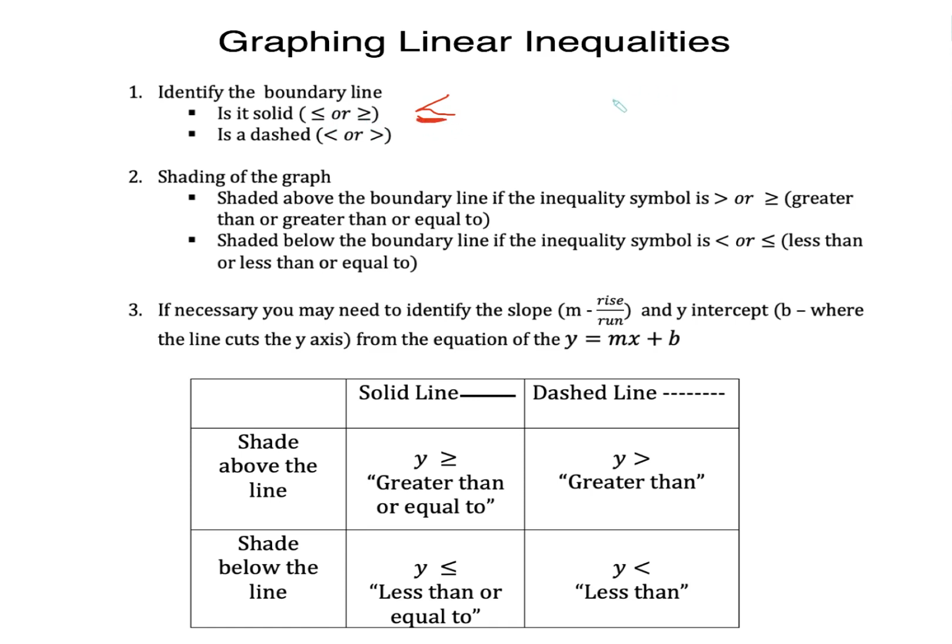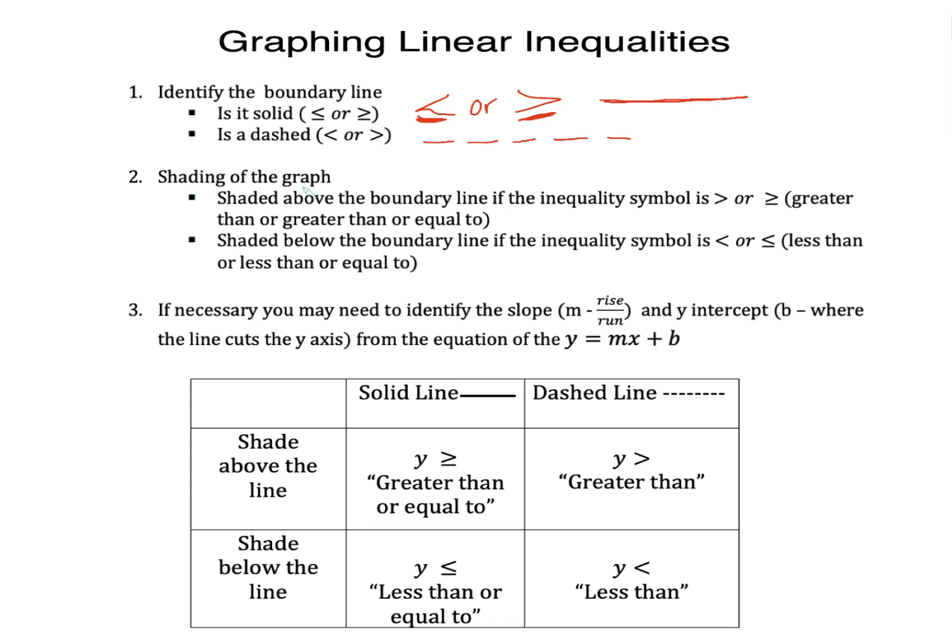And that equal sign is your clue that you will have a solid line. So if you have an inequality symbol of less than or equals or greater than or equals, that equal sign indicates you will have a solid boundary line. A dashed boundary line is indicated by the inequality symbols of less than or greater than.